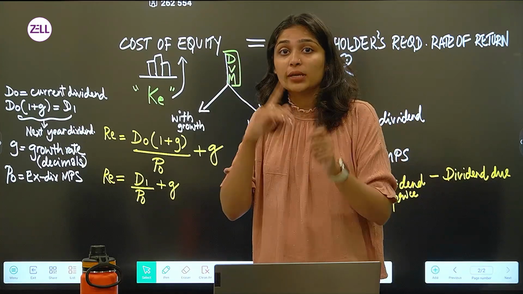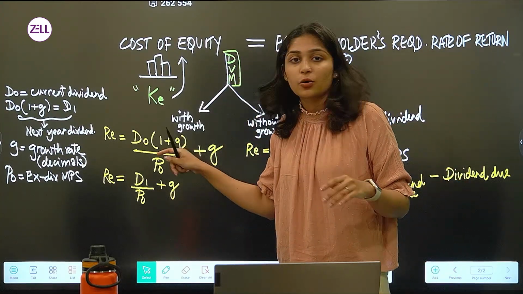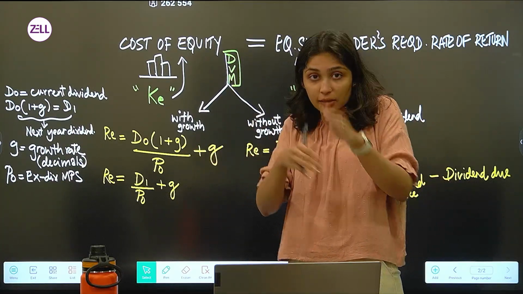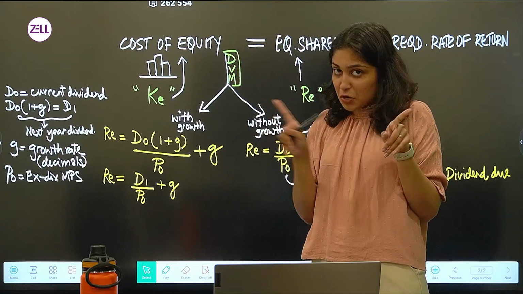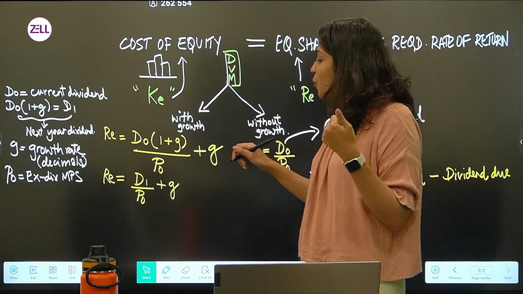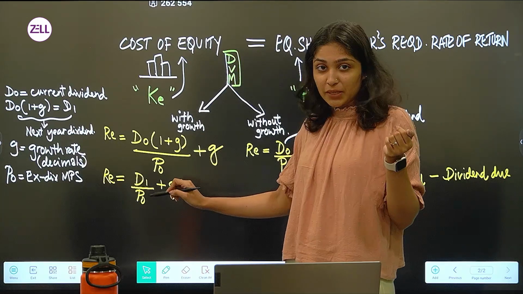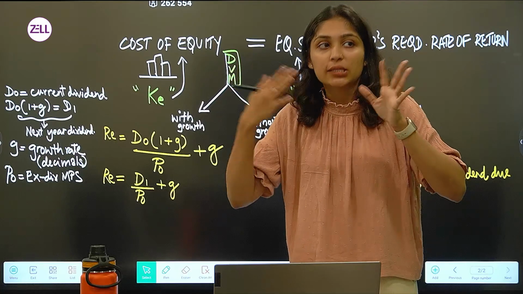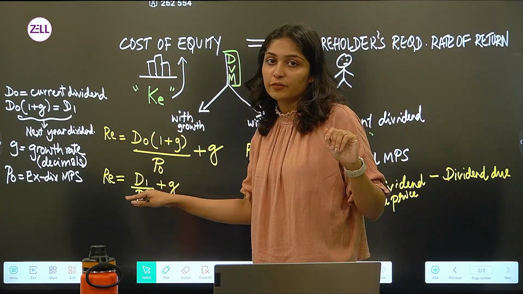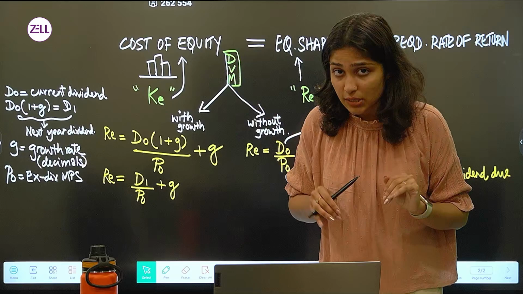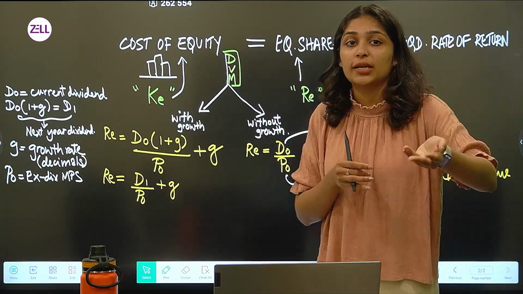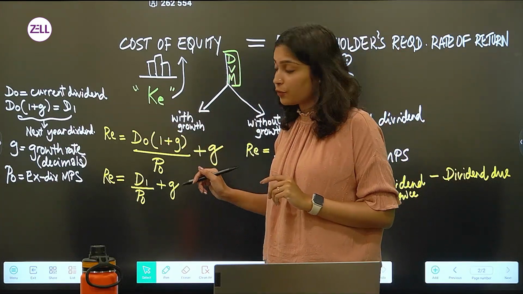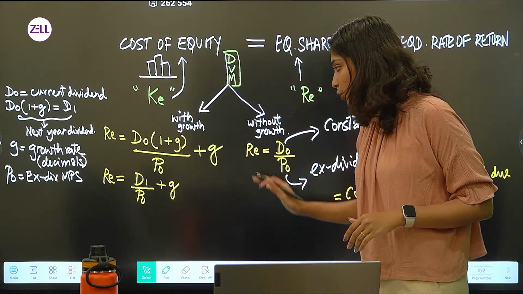Because if they have given you next year's dividend, then don't again put 1 plus G. That does not make sense, because that will be like again calculating growth. So we are not going to make such mistakes. D1 divided by P0 plus G. If in the question they have told that $5 is next year's dividend, then you directly take $5. But if they tell that $5 is the current dividend and the growth rate is expected to be 10%, then you will do 5 into 1 plus 0.10. This is something that you should be careful about.